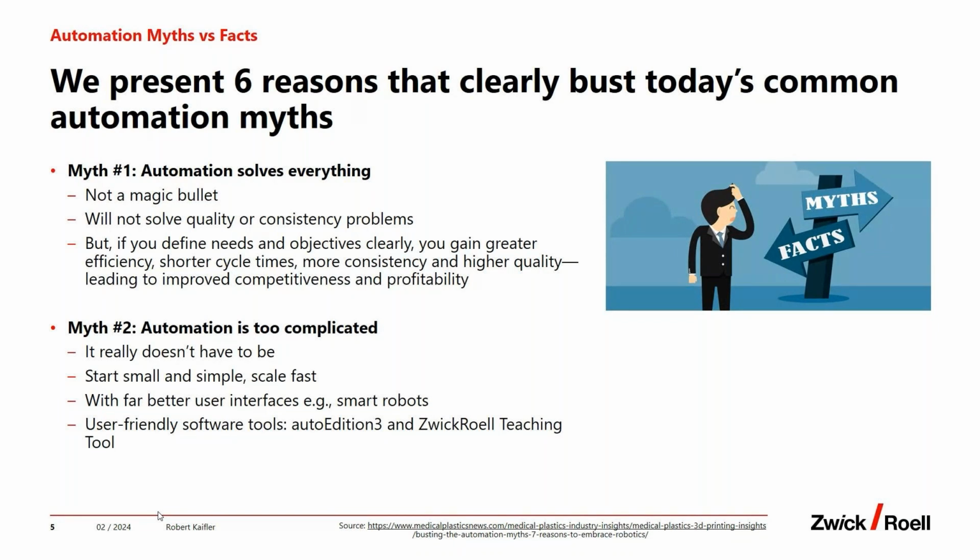Especially with that teaching tool, it is not necessary for the operator to program the robot at the robot interface. You can handle that purely with the software tools from ZwickRoell. So at the end, automation does not necessarily need to be too complicated.